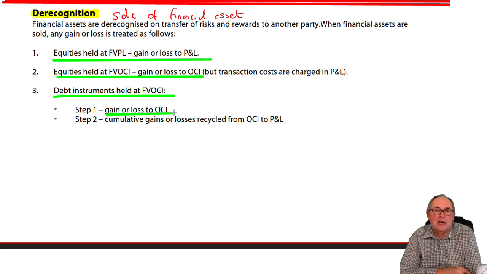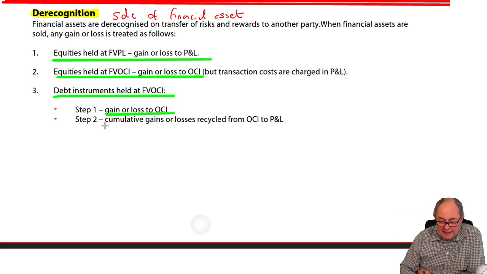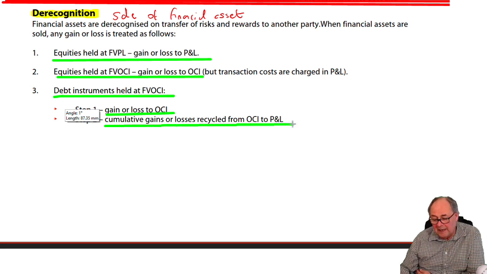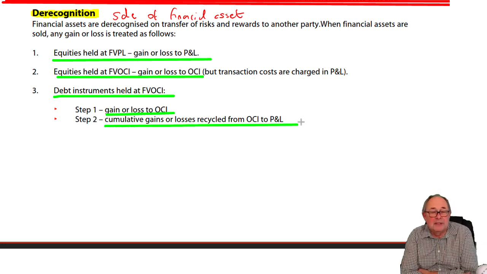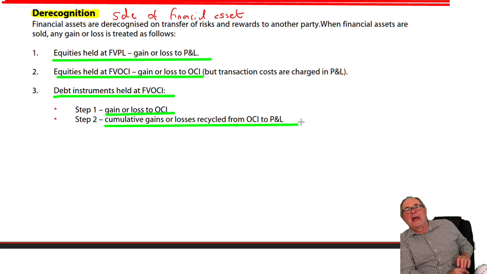We met the term recycling when we talked about disposal of a foreign sub, that gains and losses earlier recognised in OCI are then recycled to P&L. You get a very similar adjustment here, but do bear in mind, from an exam and life perspective, that one is very rare.